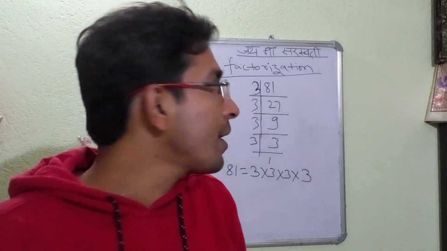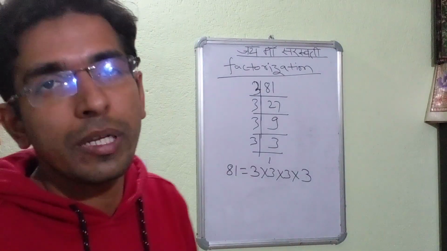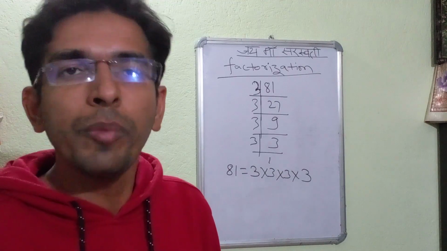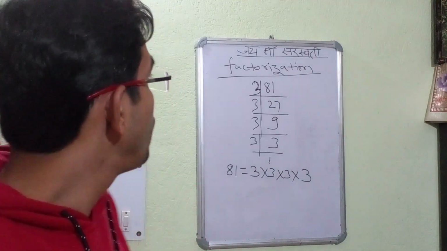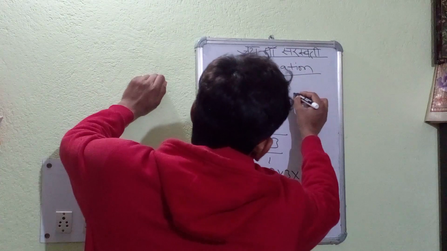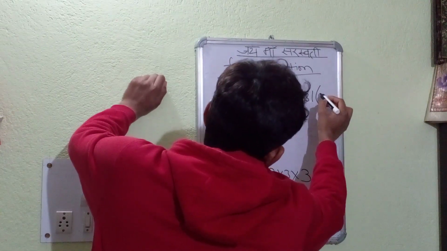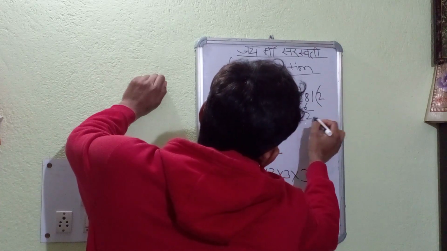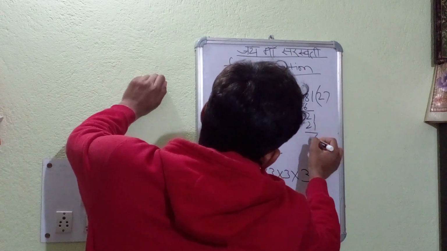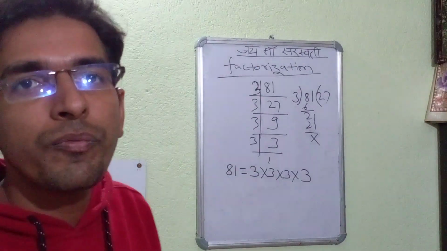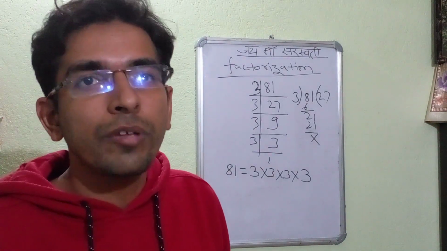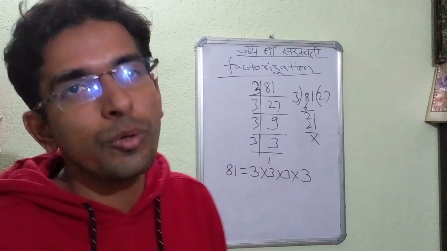So if we are dividing 81 by the number 3, then we find that we are getting the remainder as 0.